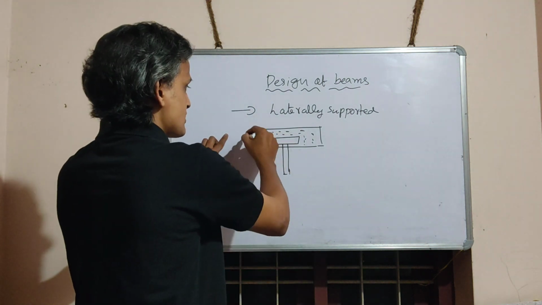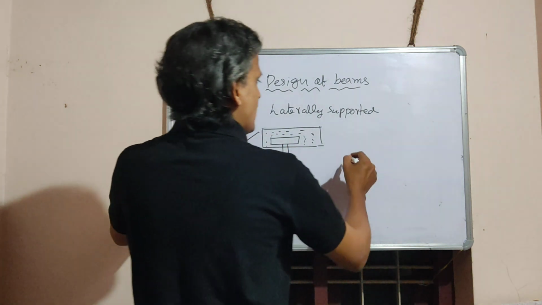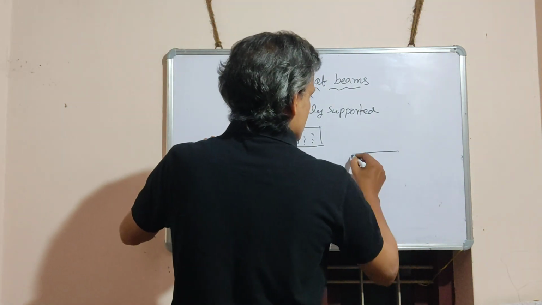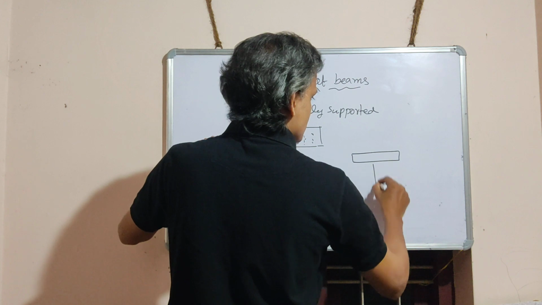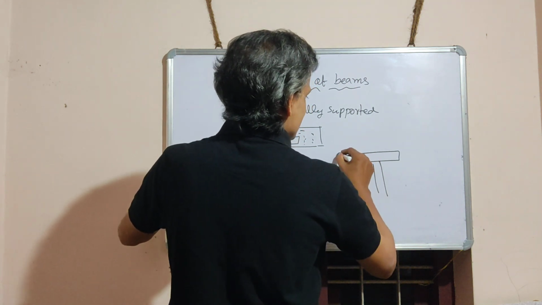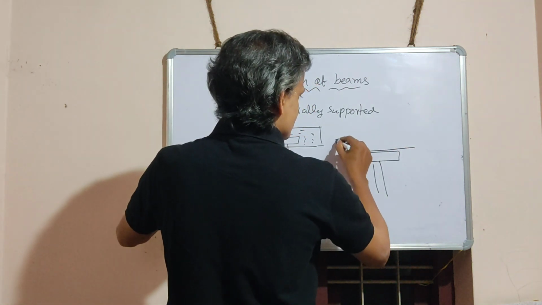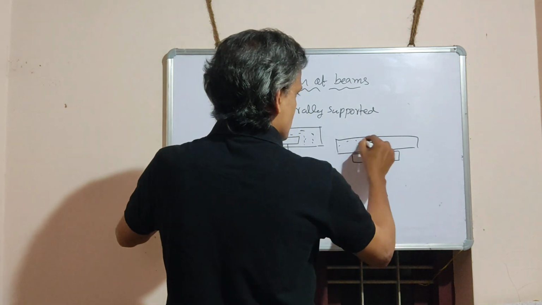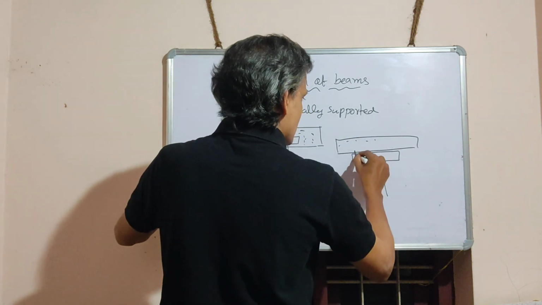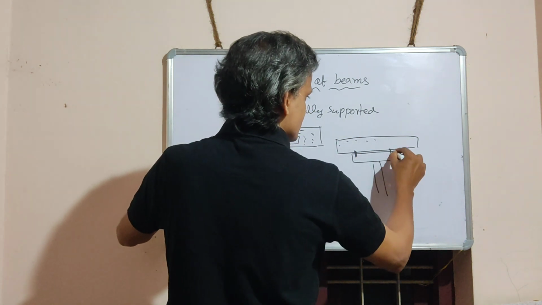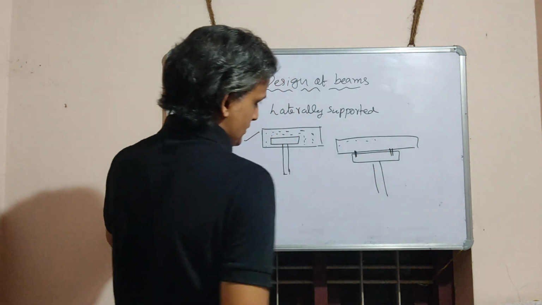It is laterally supported. Another option is, say this is the compression flange and there is a concrete slab placed above this. Then provide some connectors in between in order to support this element.